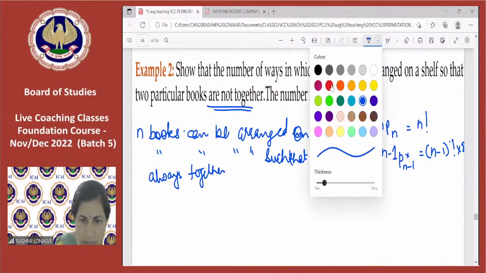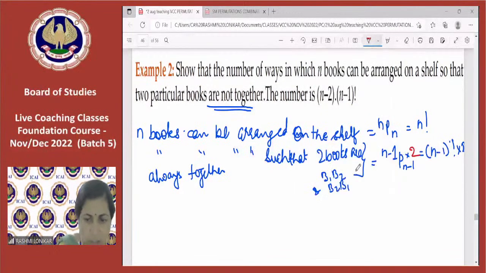Don't forget to multiply this 2. This 2 is very important because the books can be written as B1, B2 or B2, B1. So this is nothing but 2 into n minus 1 factorial.